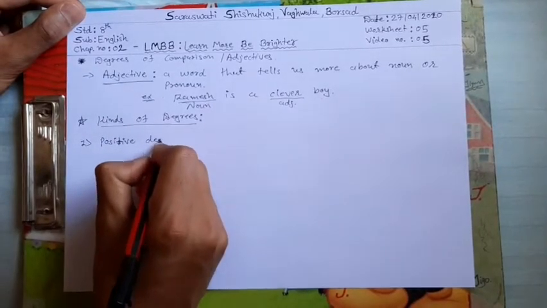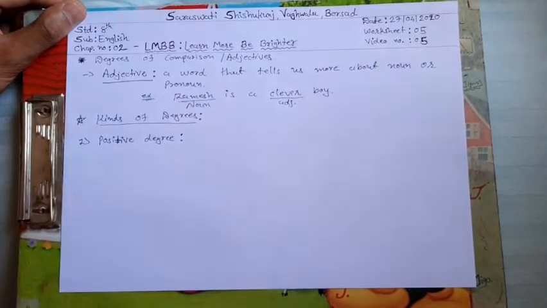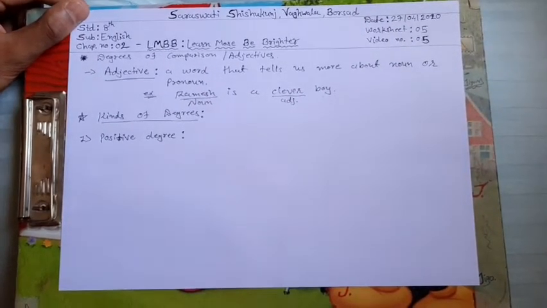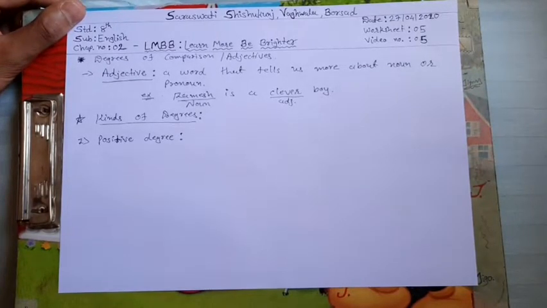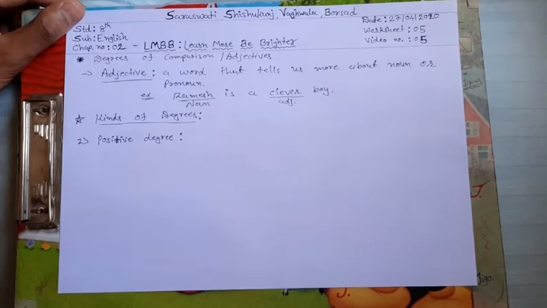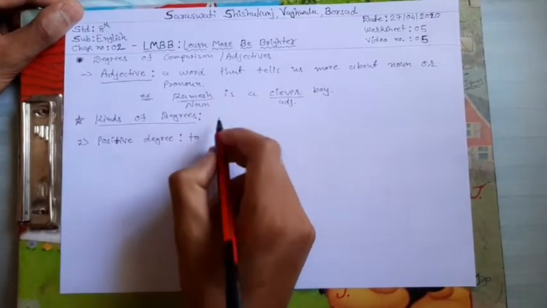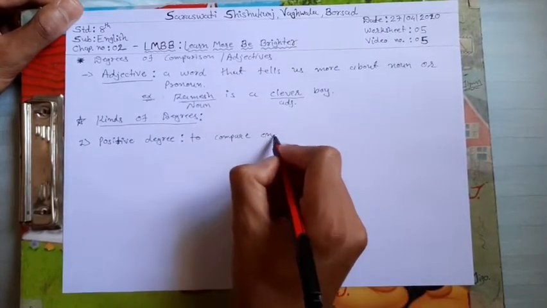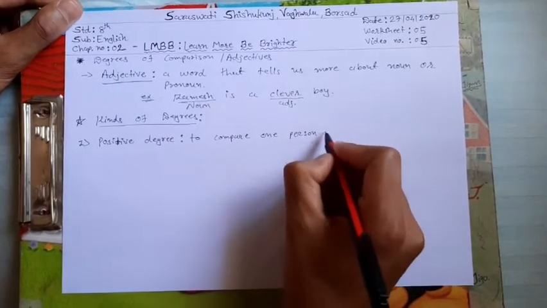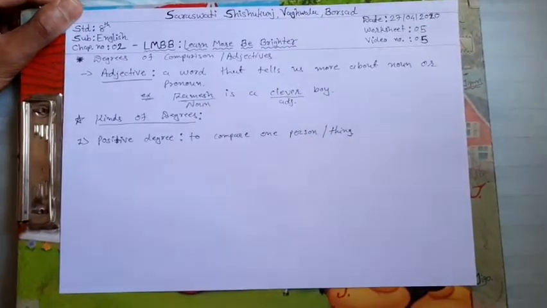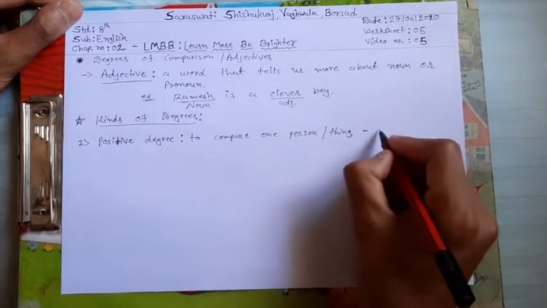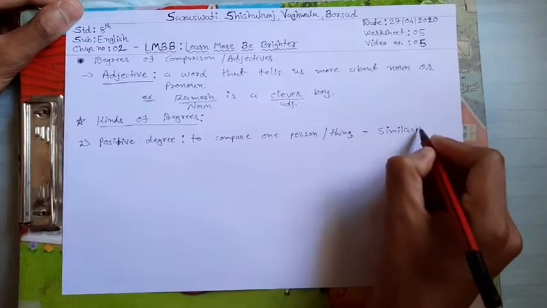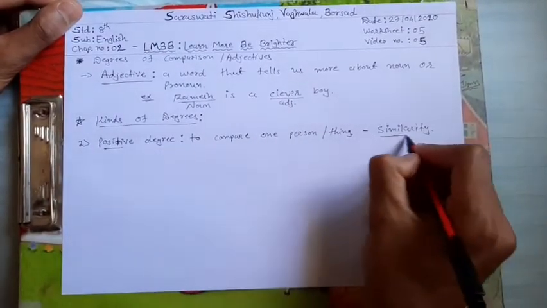In the positive degree, when we use an adjective to describe the quality of only one person or thing, we use the positive degree. It is used for similarity.